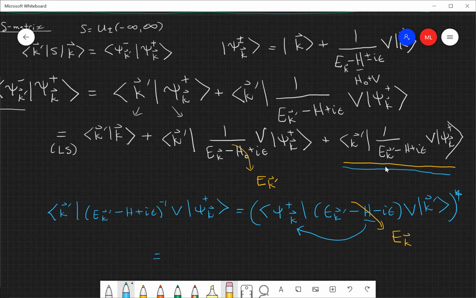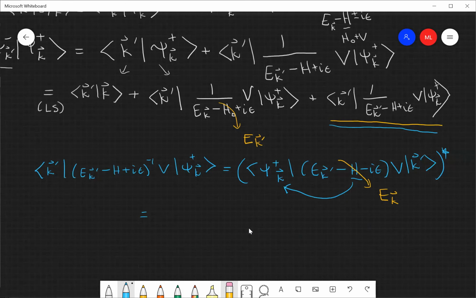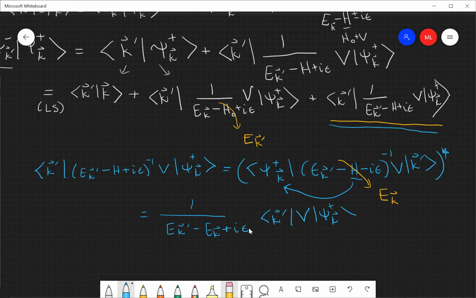And so what do you get in the end? I'm missing a minus one here. It's equal to the inverse of just these E k factors. Again, now we take the complex conjugate, so this is plus i epsilon. And then we have k vector, and the only operator left over is the V. And so you're left with this.